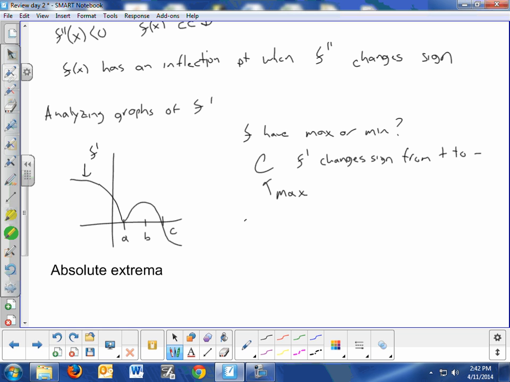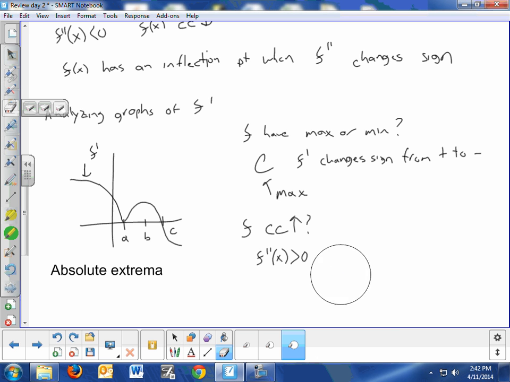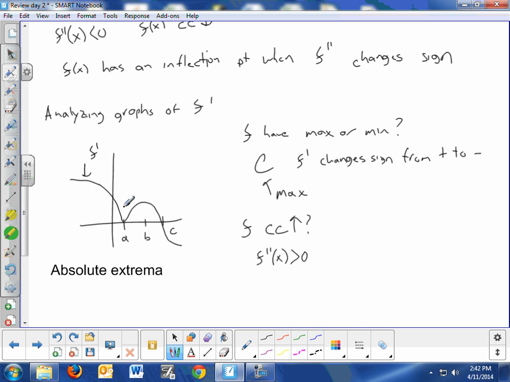I could ask you, when is f concave up? To look at the concavity of f, we look at when f double prime is positive. Well, that means when is the derivative of f prime positive, or when are the slopes of f prime positive between A to B?